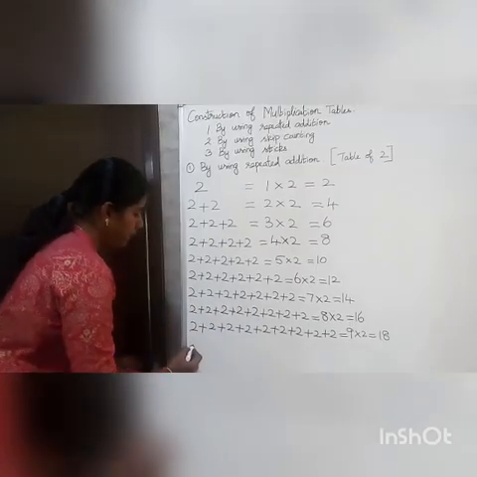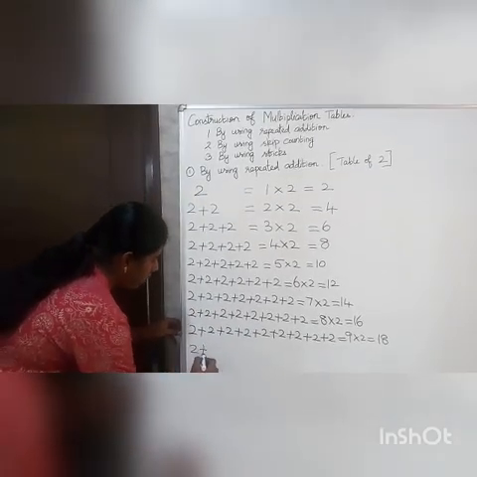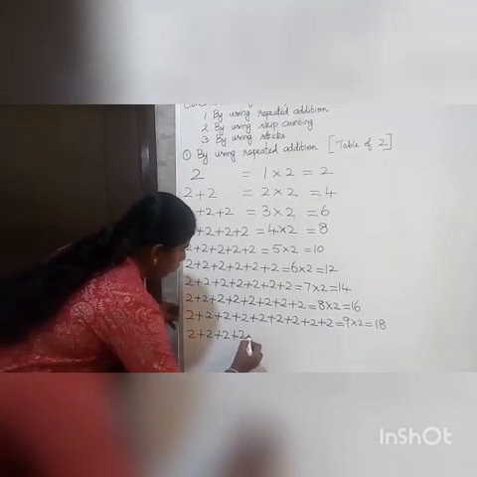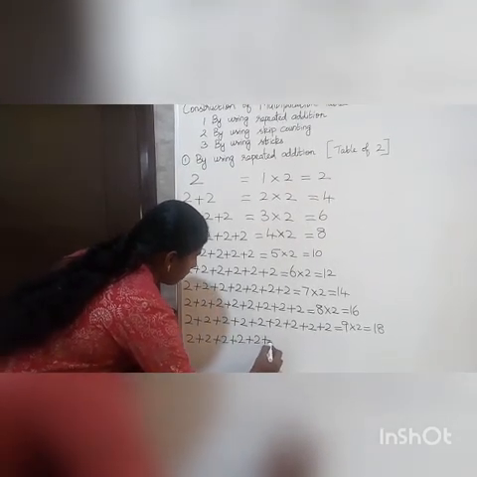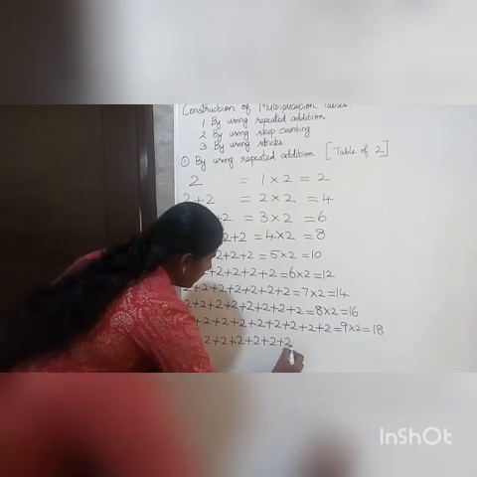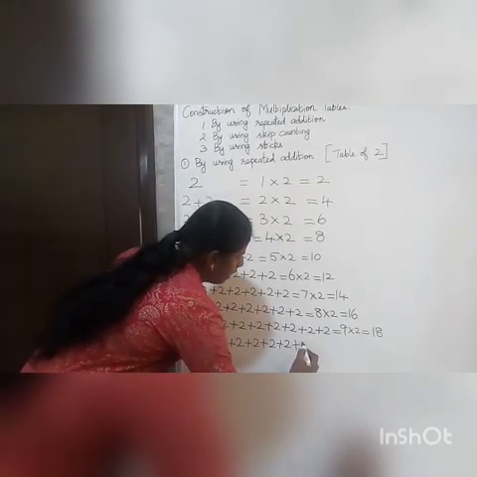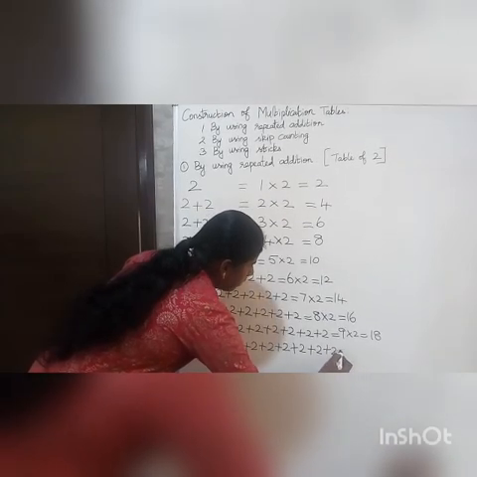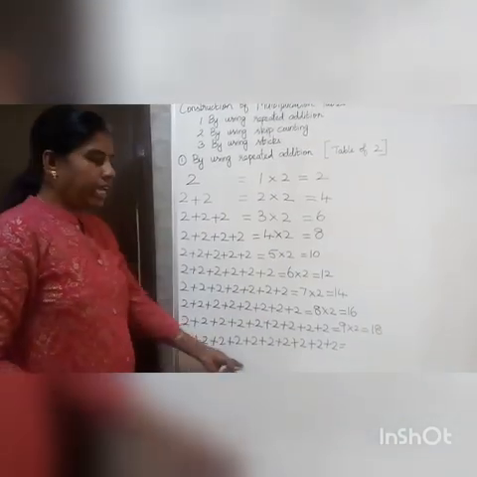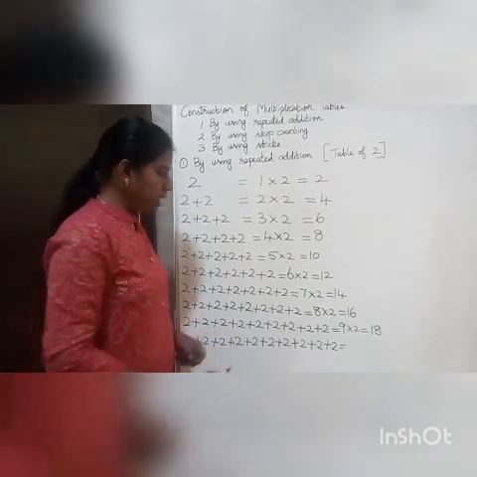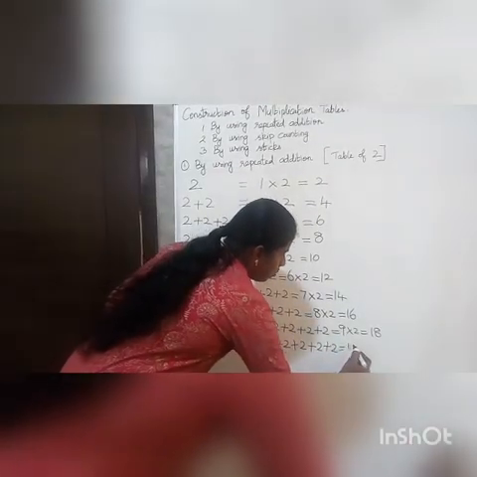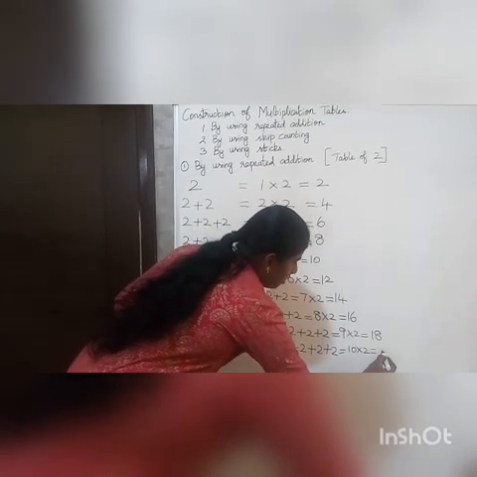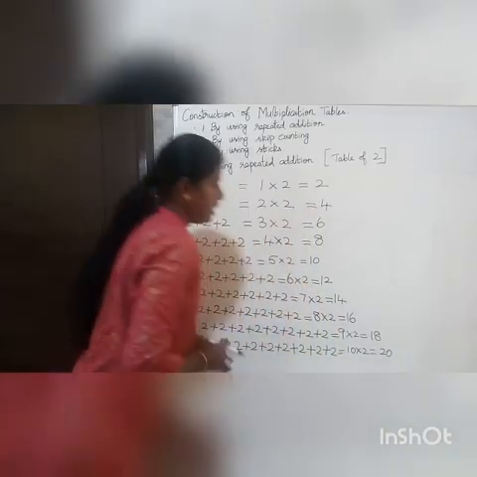And the last one will be 10 times. 1, 2, 3, 4, 5, 6, 7, 8, 9 and 10. So how many times did we write 2 to add it repeatedly? 10 times. So 10 into 2 is equal to 20.